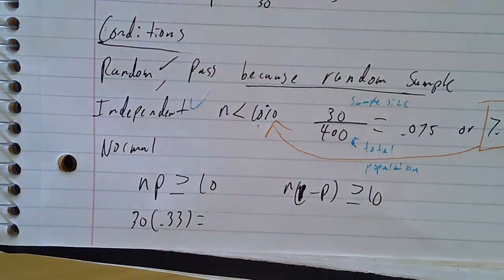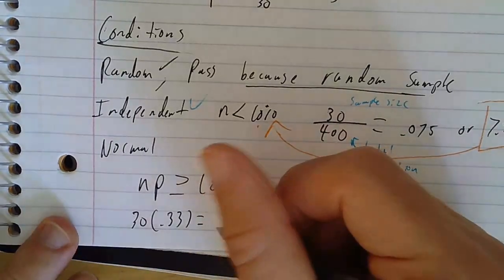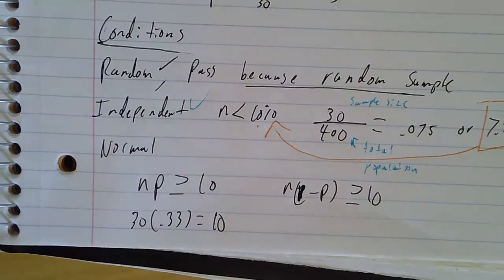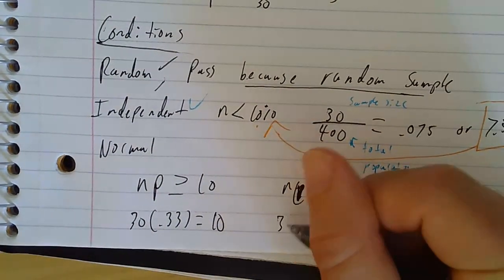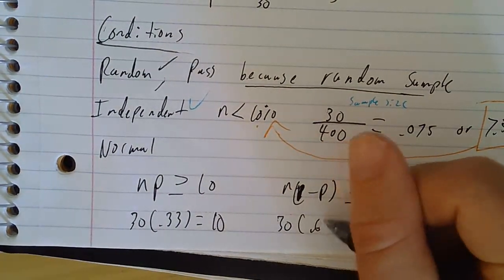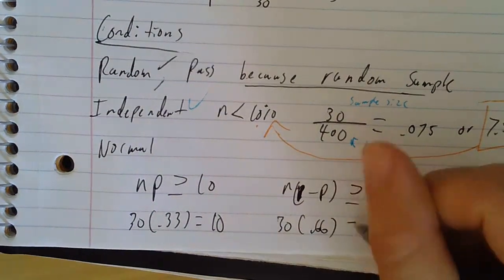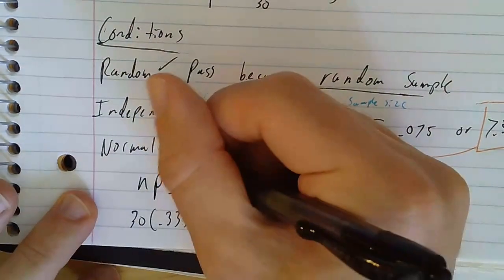So 30 times 0.33 is, we'll round that up to 10. And on the other one, 1 minus p is 0.66. 30 times 0.66 is roughly 20. So we check the normal.